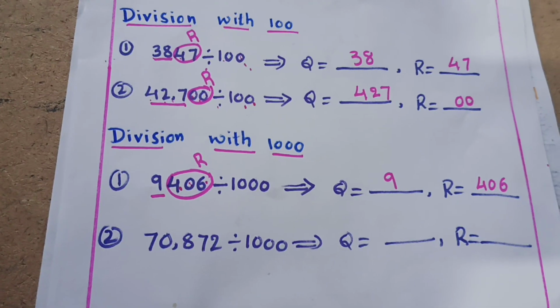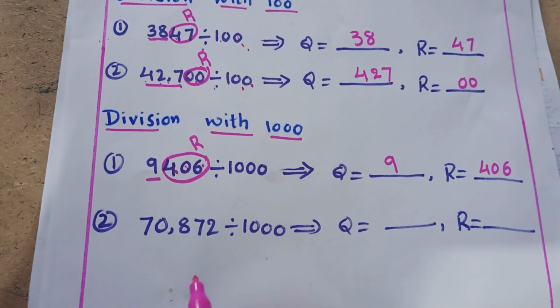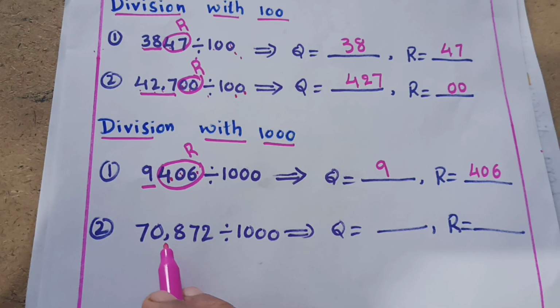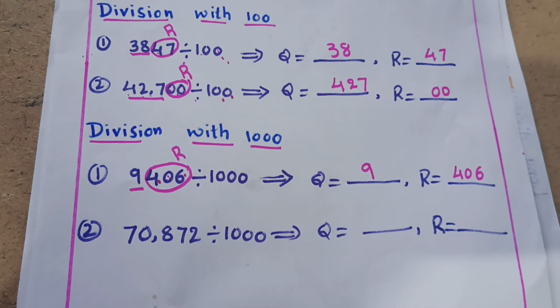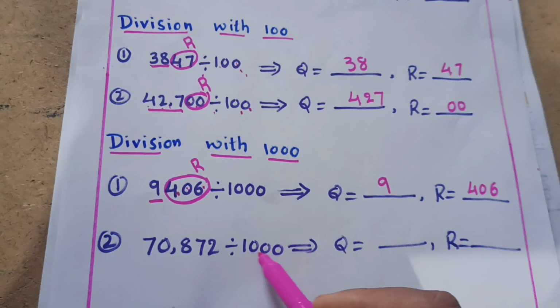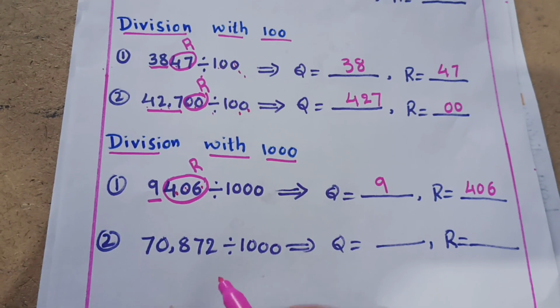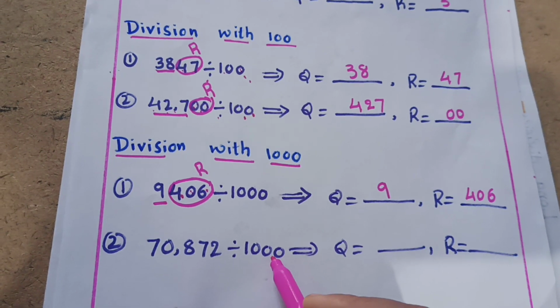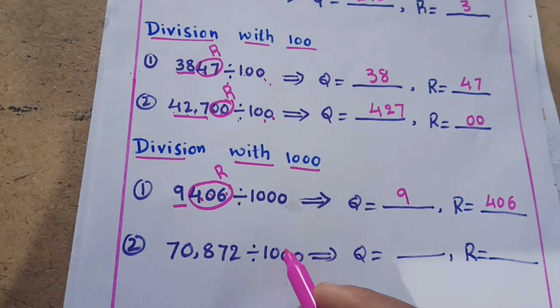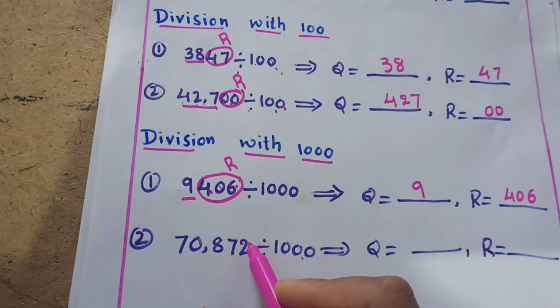406. Now let us go for another example. 70,872 divided by 1000. In this also, in the divisor 3 zeros are there. So the remainder becomes the last 3 digits from the right side.